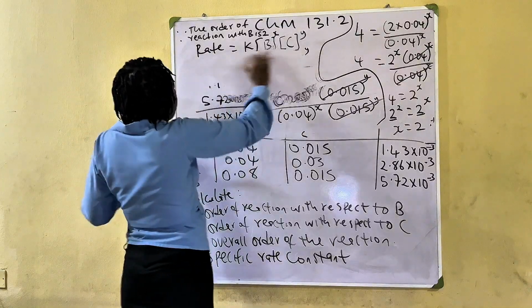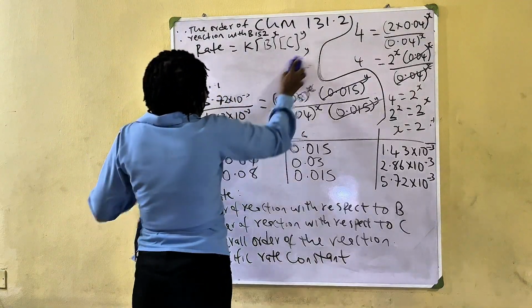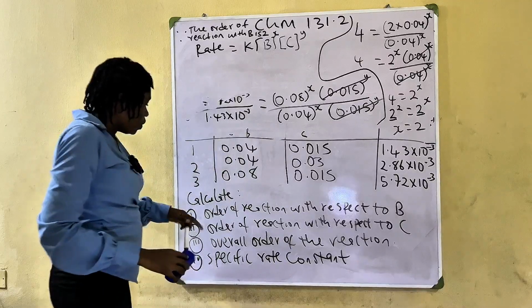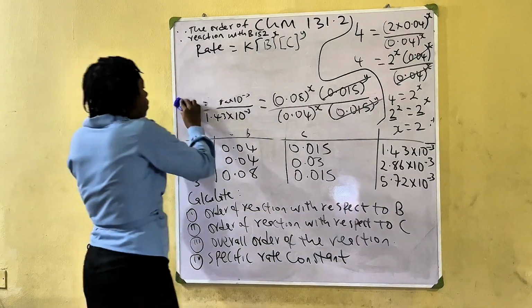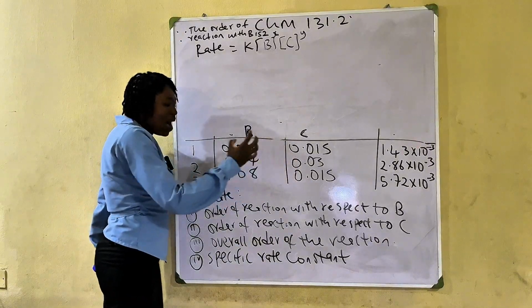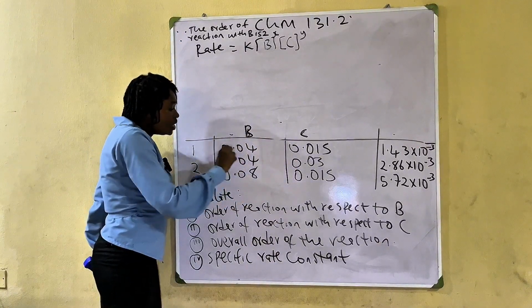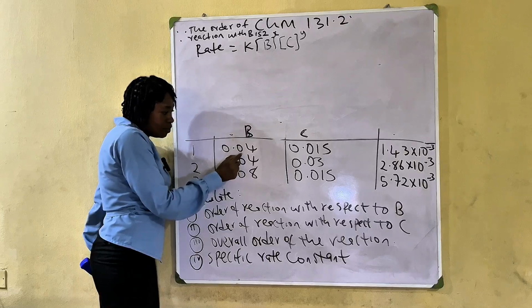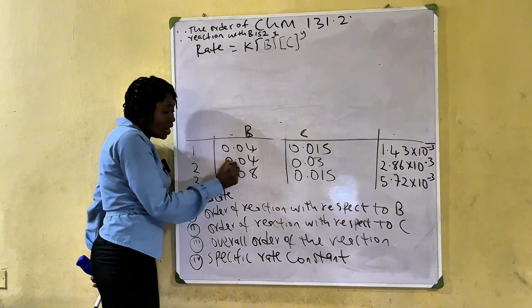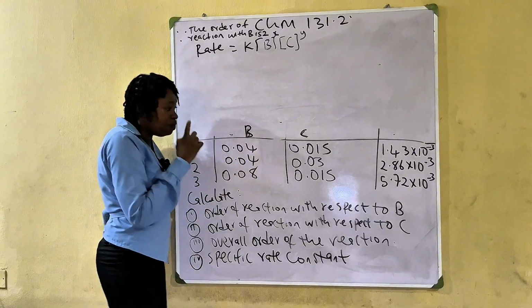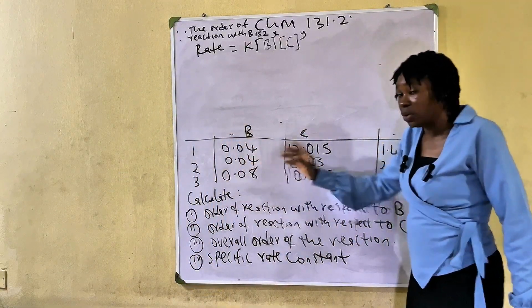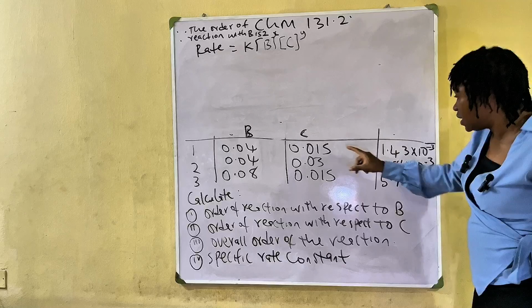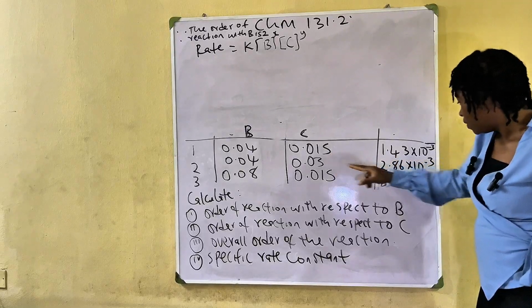I don't want to clean this formula because it is a general formula for all of them. All right, so let's look at the order of reaction with respect to C. Looking for C, I'm going to eliminate B by using the same values, 0.04 and 0.04. That means I'm using experiment 1 and 2, so for C, I'm using this and this.